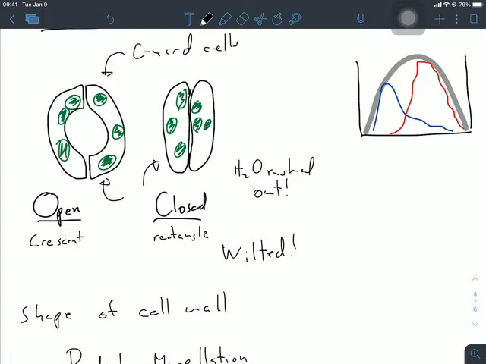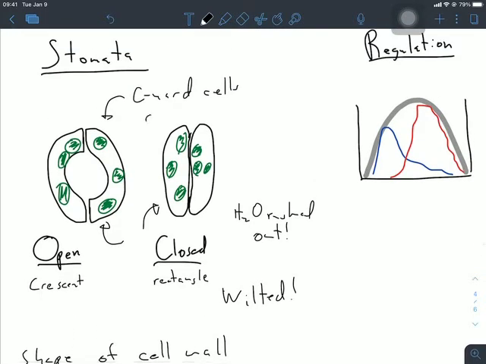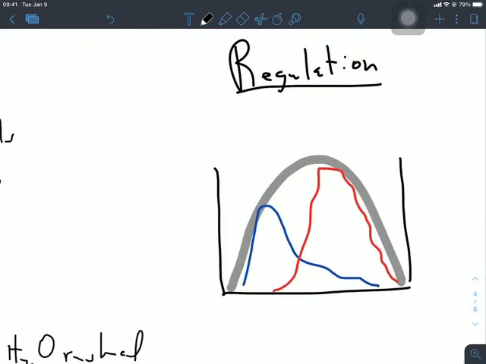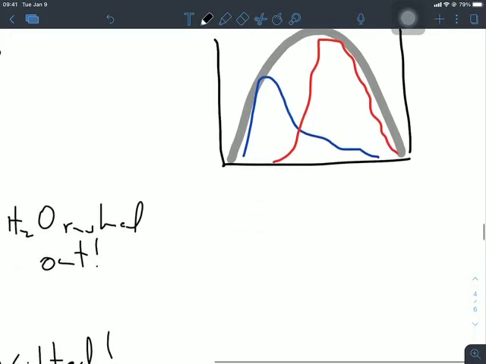You will notice that these guard cells also have chloroplasts that they use to detect sunlight, because guard cells are highly regulated structures. You want to have the guard cells open when you need to perform photosynthesis.